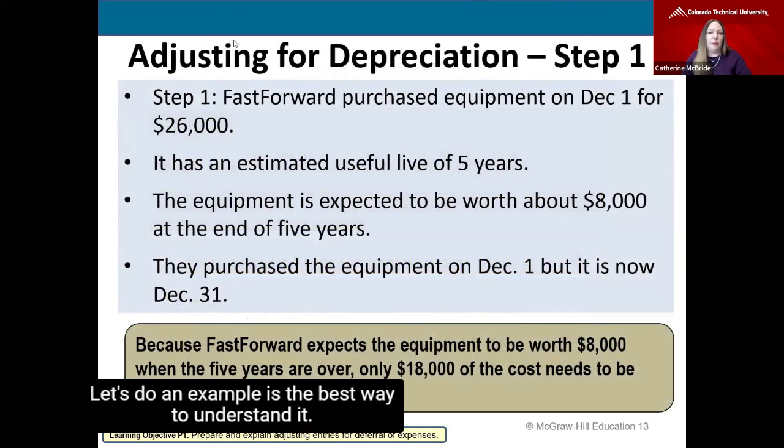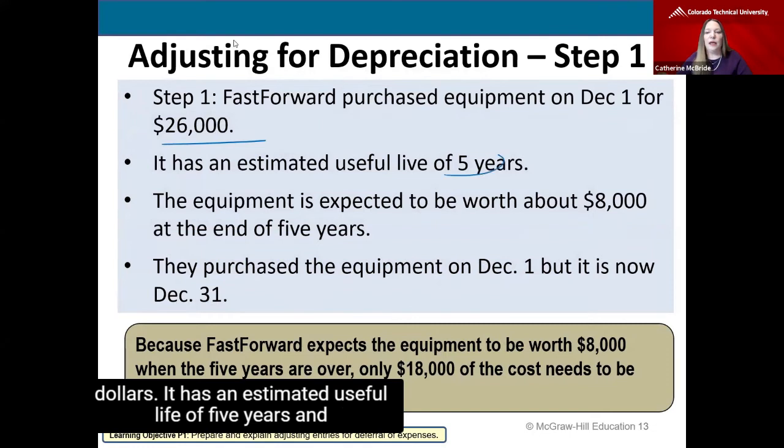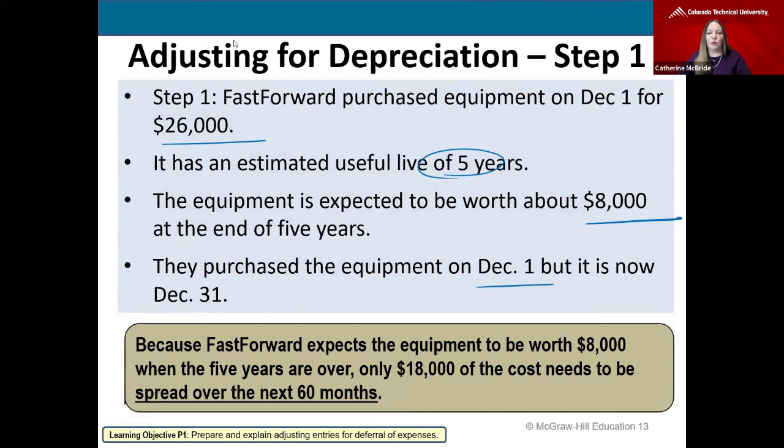Let's do an example. It's the best way to understand it. So let's say that we purchased equipment that cost $26,000. It has an estimated useful life of 5 years and a salvage value of $8,000. We bought this on December 1st.